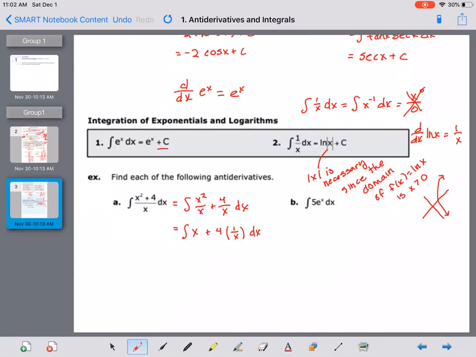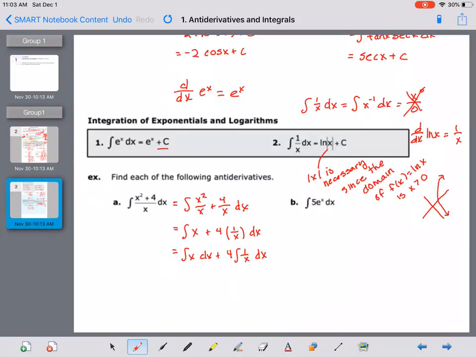I know that seems weird, but the reason I'm doing that is because we have a rule that says I can separate my integrals. I have a rule that says I can separate sums and I can pull out a coefficient.